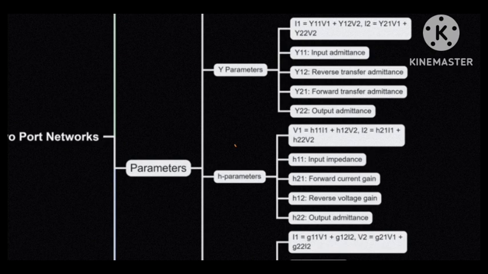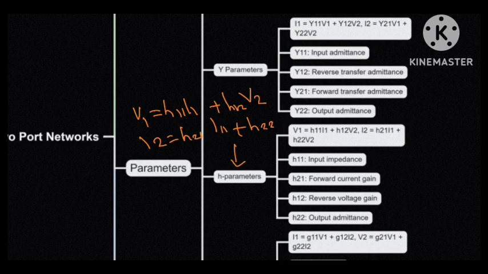Next is the H parameter. What is the formula of the H parameter? V1 is equal to H11 I1 plus H12 V2. I2 is equal to H21 I1 plus H22 V2.